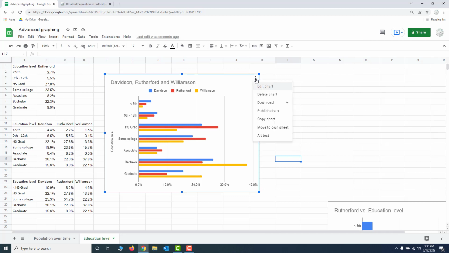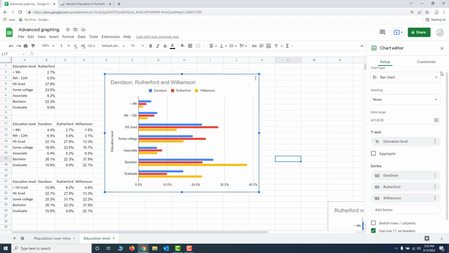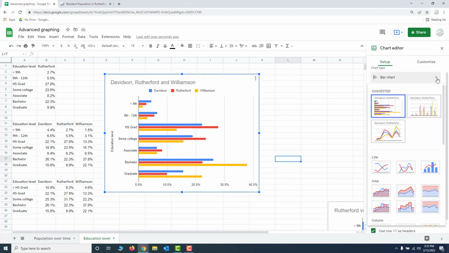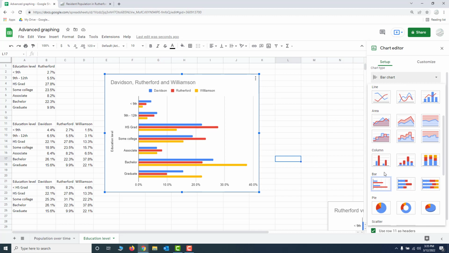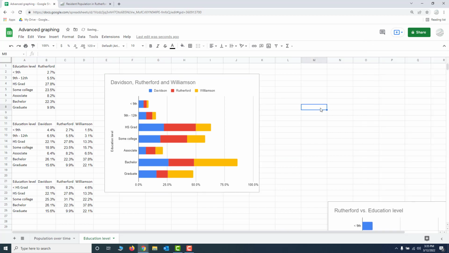Let's pick a different kind of chart. Instead of that bar chart, let's go with a stacked bar chart, this one right here, okay? So now we have a different color for each county, blue for Davidson, red for Rutherford, and orange, I guess that is, for Williamson.